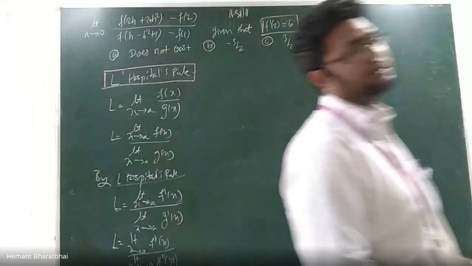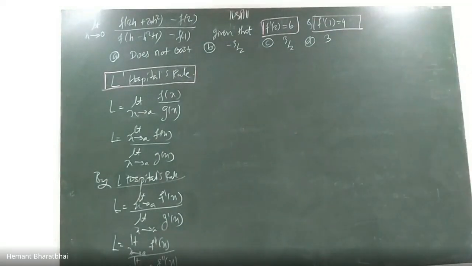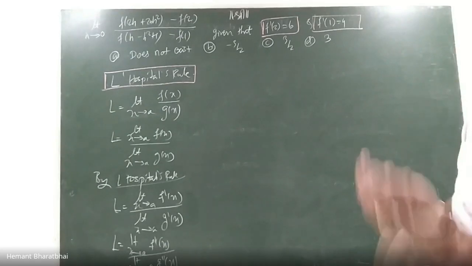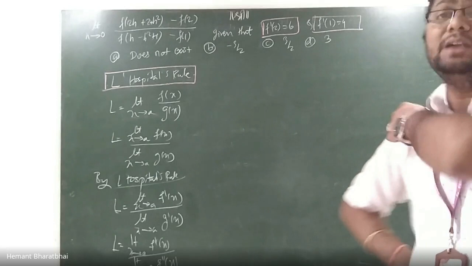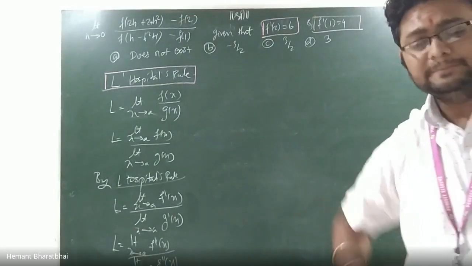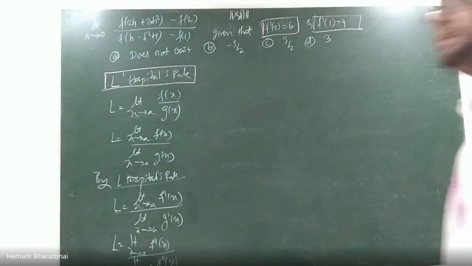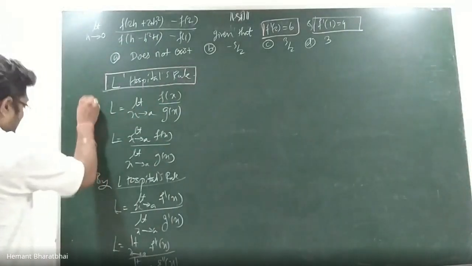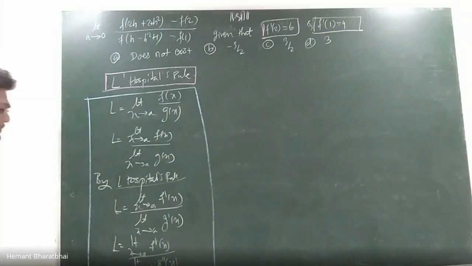You can take the derivative as many times as you want. It's not that you can take derivative only once. You can take n number of times the derivative. So this technique is called L'Hospital's rule, which can be applied when we have numerator upon denominator kind of thing.